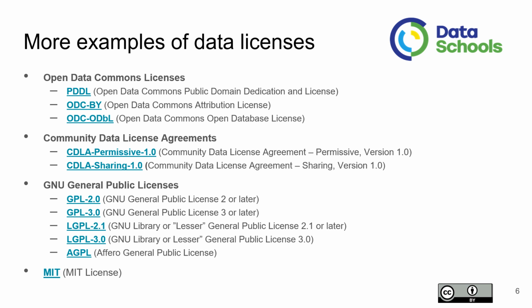Creative Commons licenses are not the only open access licenses that are available. One can also use the Open Data Commons licenses and the Community Data License Agreements. There's also specific licenses available for software code, for example, the GNU General Public Licenses and an MIT license.